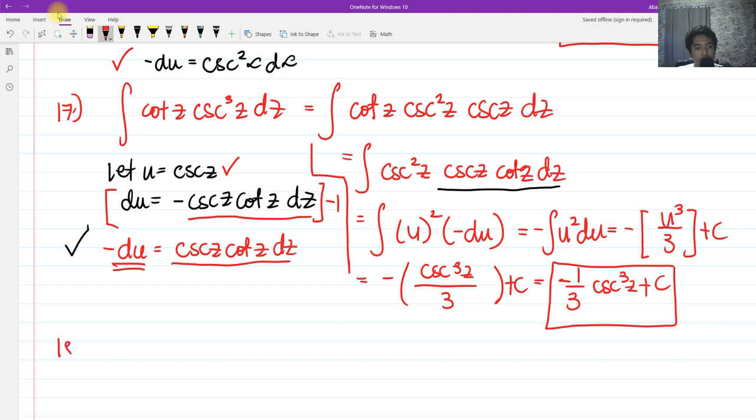For number 18, we have the problem of the integral of d beta all over beta ln raised to 4 of beta.